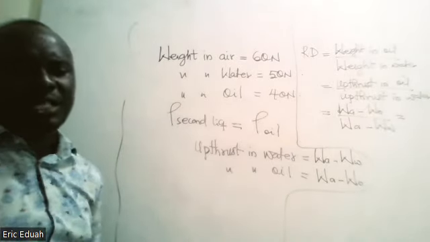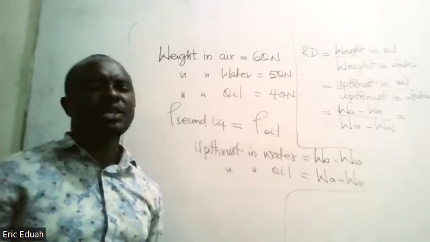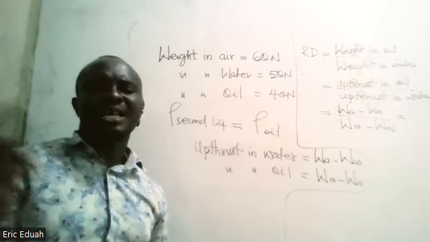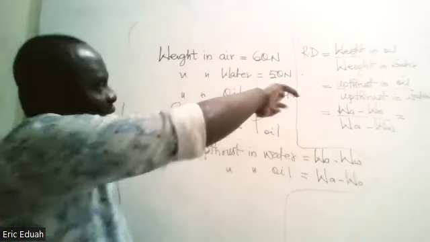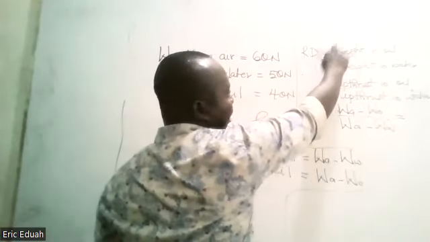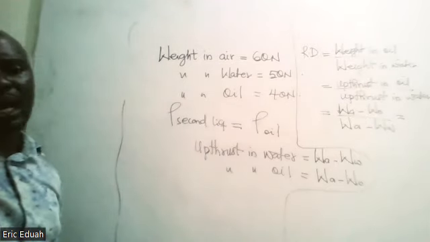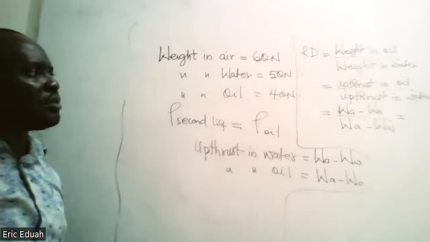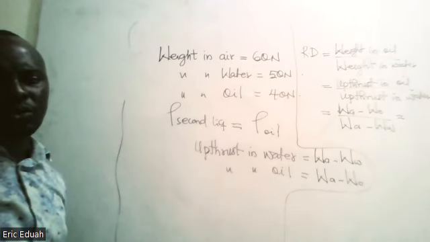When you find the relative density, it is equal to the density of the substance, yes, of the oil. Okay, you get the density of the oil. So you use density of oil, density of water, and you are good to go.